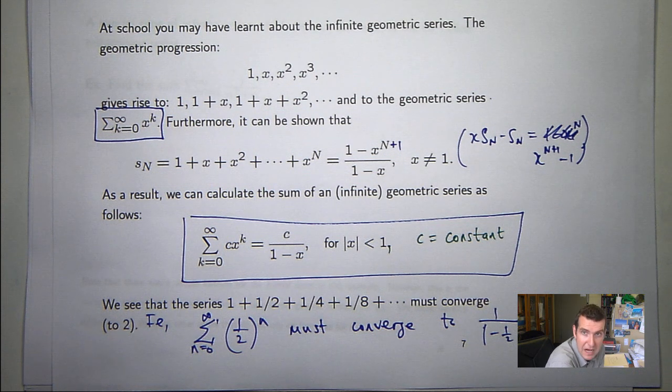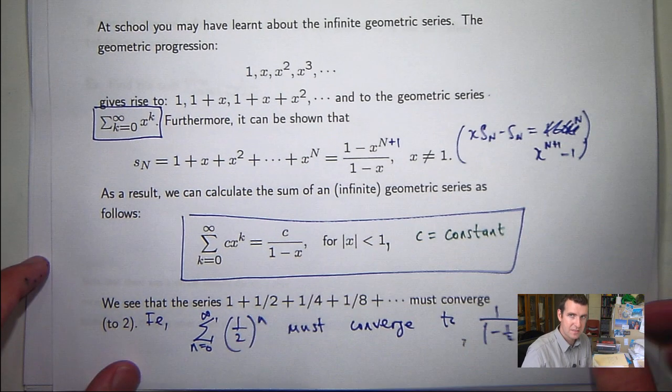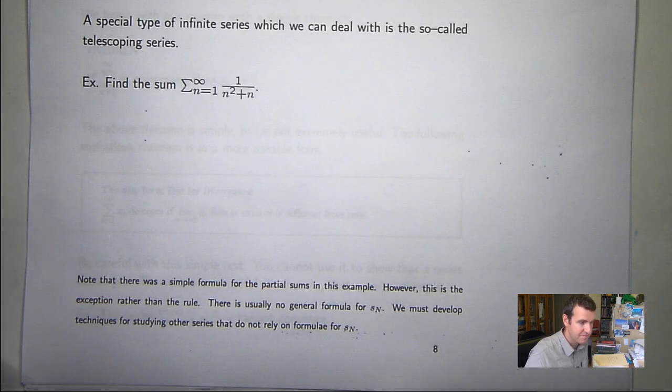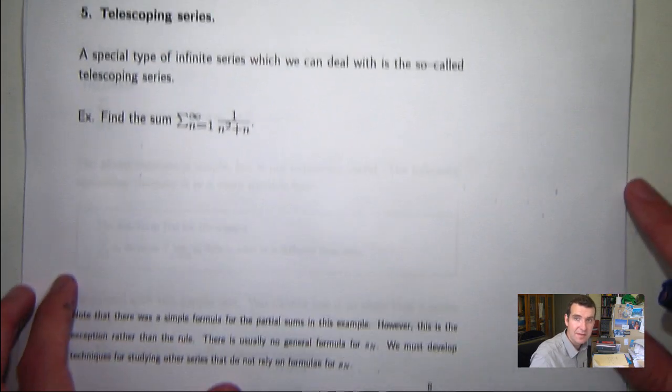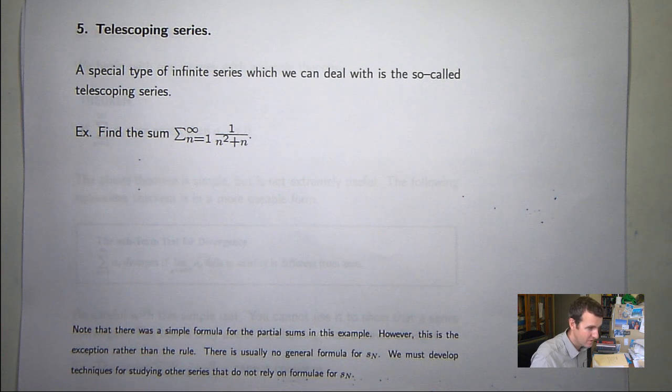A half's between -1 and 1, so that series must converge to 1 on 1 minus 1/2. C is 1 here, and that's just 2. So we have complete information about this geometric series. Not only does the series converge, we know that the sum's finite, but we have the value that the series converges to. It converges to the number 2.